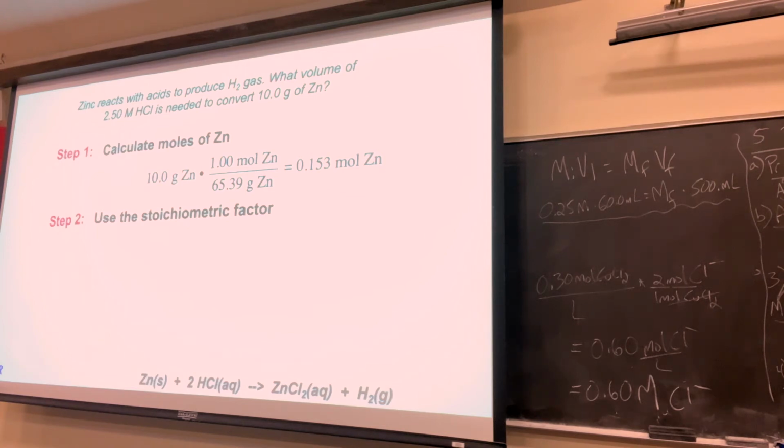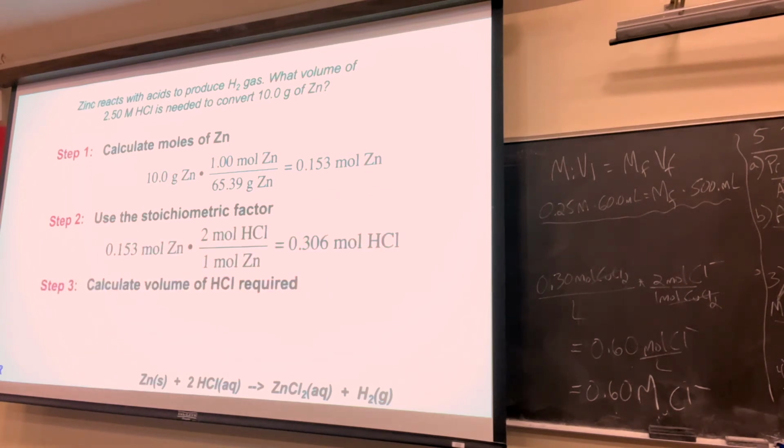We want to get to moles of HCl, so we're going to use 1 mole of zinc for every 2 moles of HCl. So we had 0.153 moles of zinc. The reaction itself down here says 1 zinc for 2 HCl's, or a mole of zinc needs 2 moles of HCl. So that comes out to be 0.306 moles HCl.